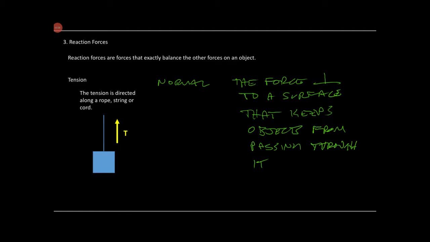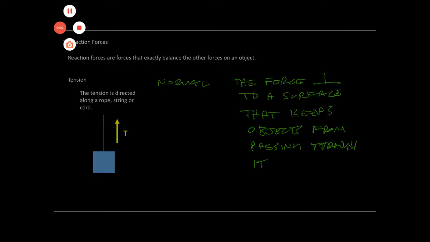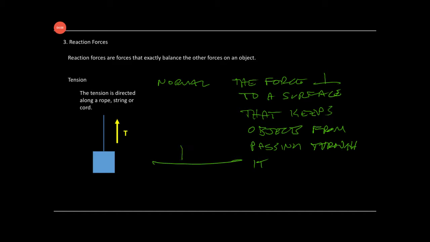Okay, so you have a table, and you put a box on the table, and the table pushes up on the box, just as the box is pushing down on the table, same amount. So whatever the weight is on the box, for example, the normal force is.